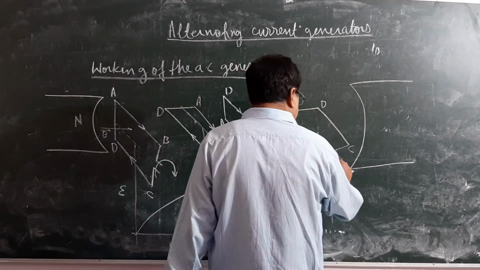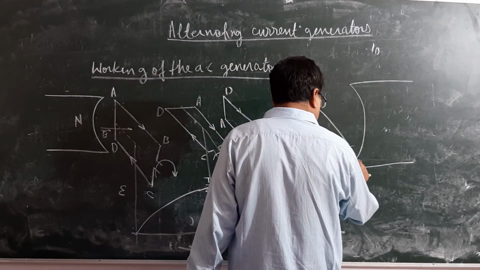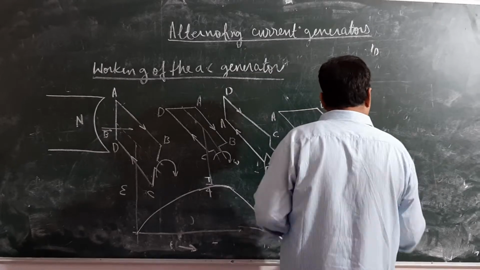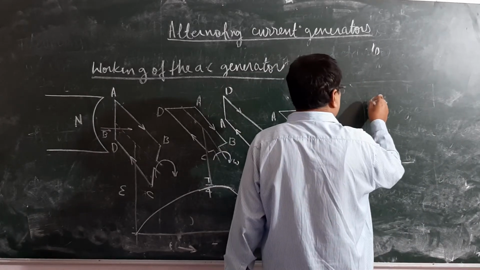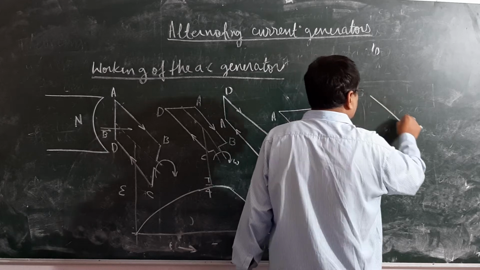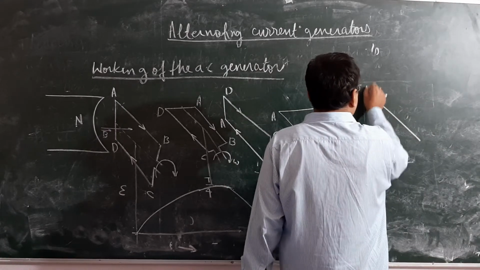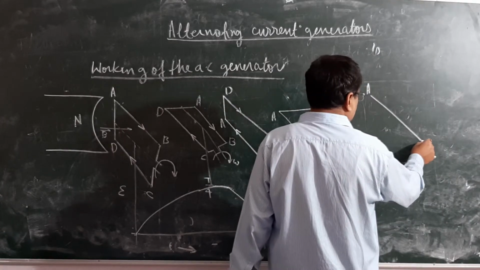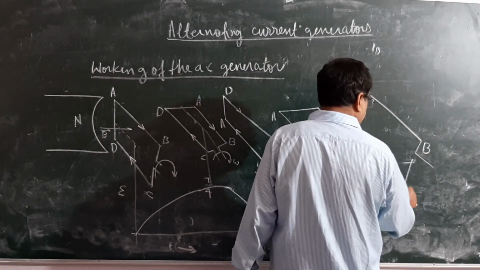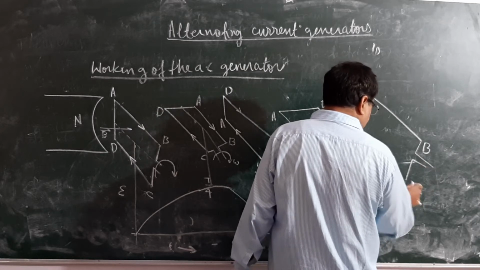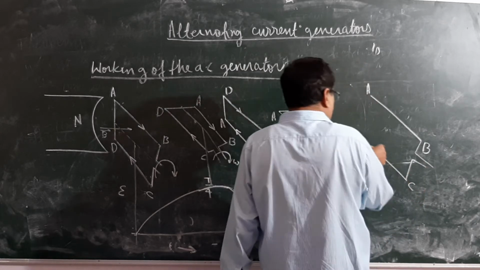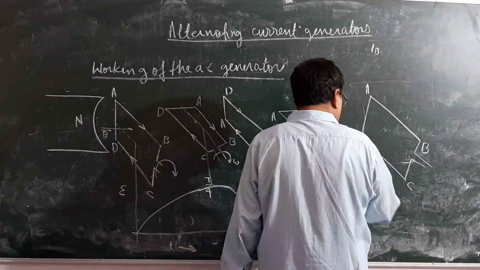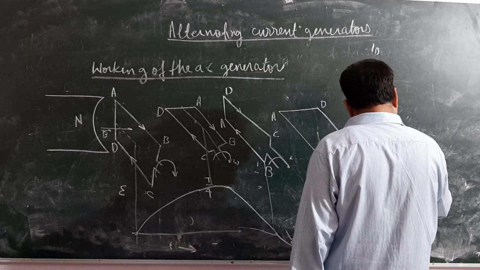Now once again it is getting turned like this in the clockwise direction. So once again AB will be on the top. This is the end AB, this is on the top, and this CD will be on the lower part. Now the direction of the current is again like this.